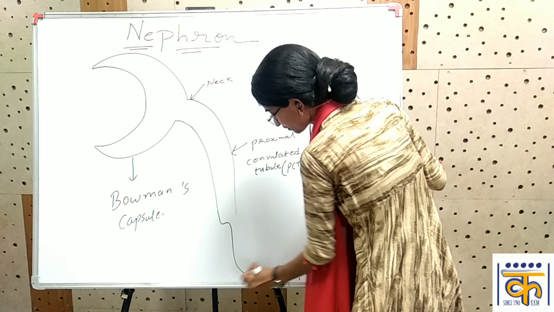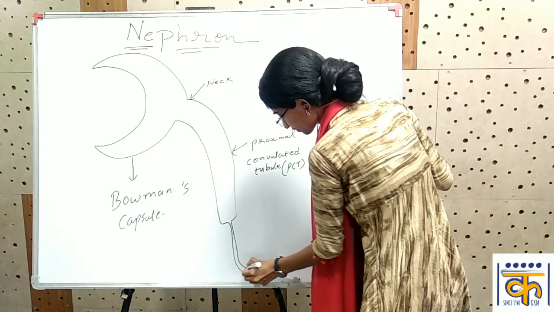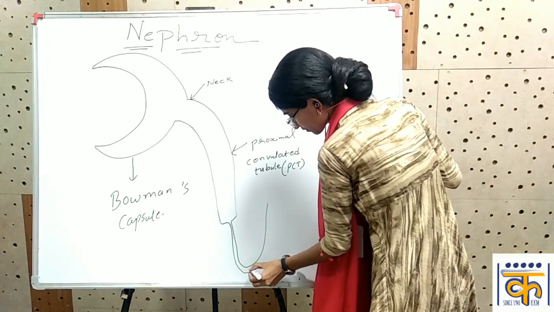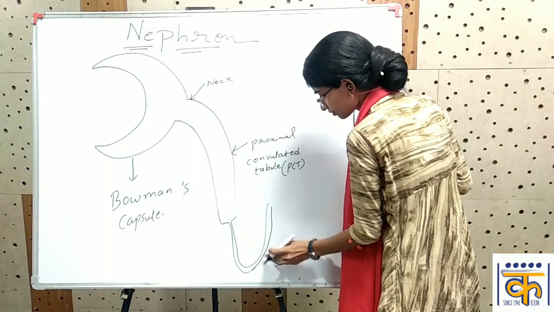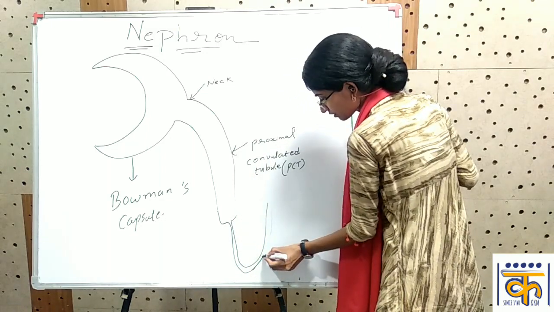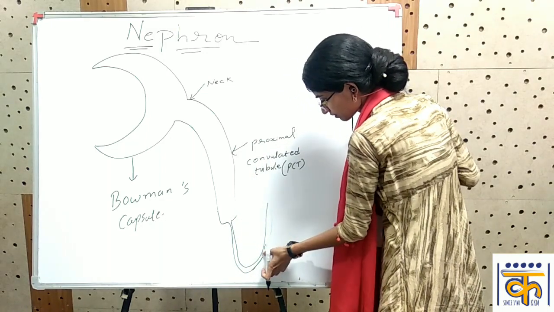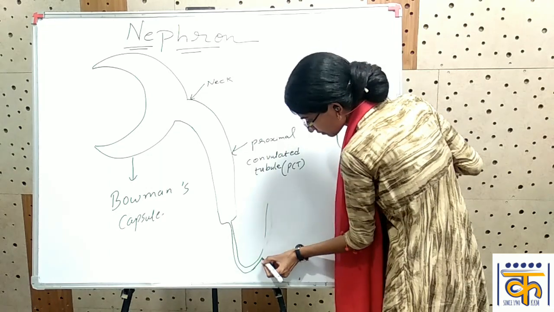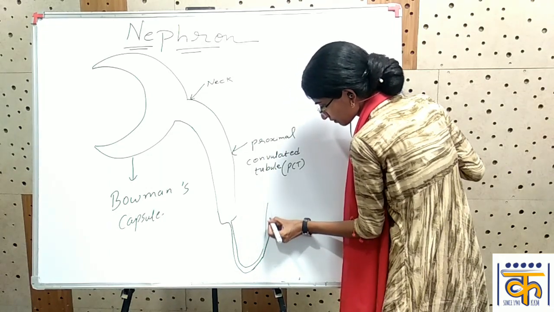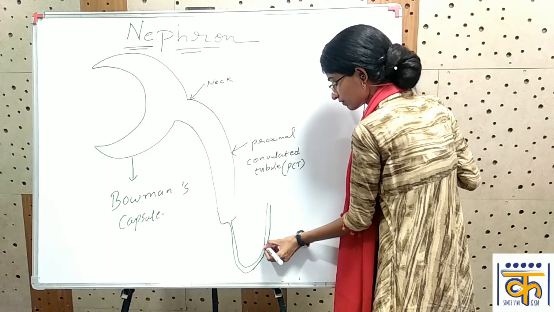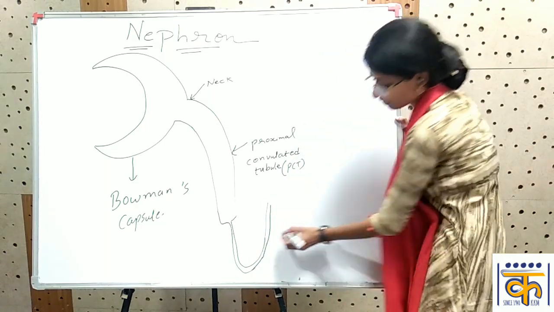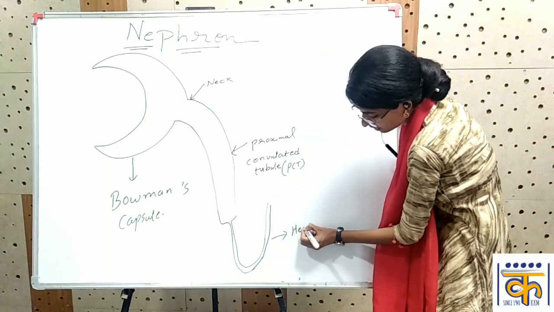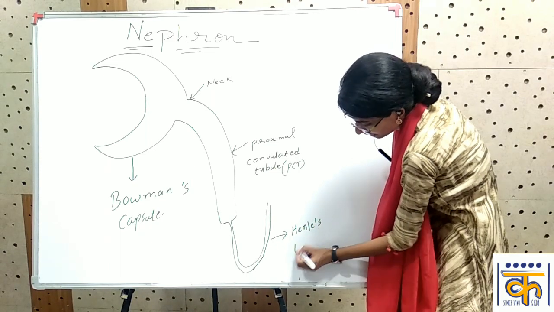After this tubule, we have a thin tube extending, forming a U-shaped structure. This is known as Henle's loop or loop of Henle.